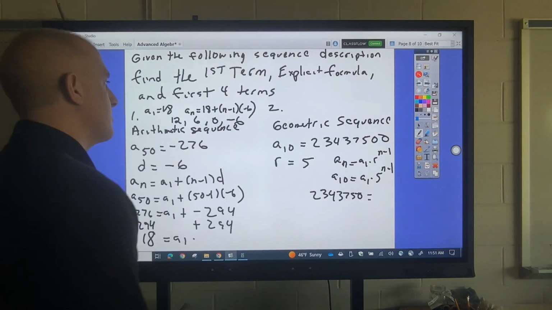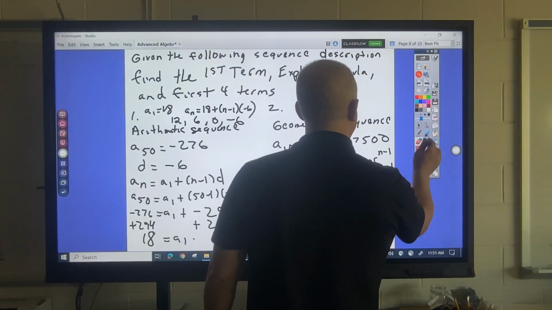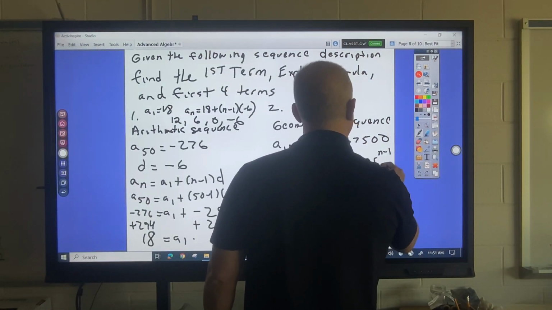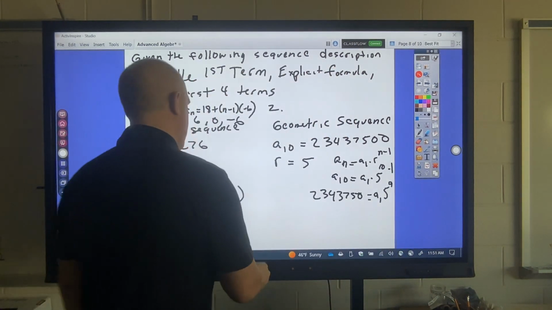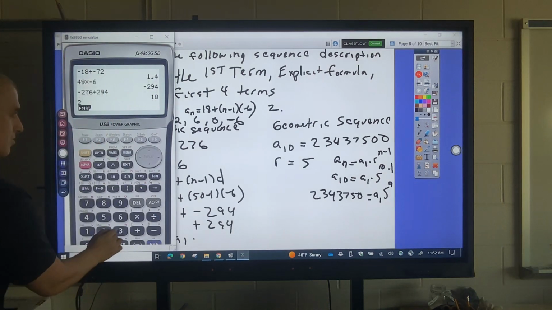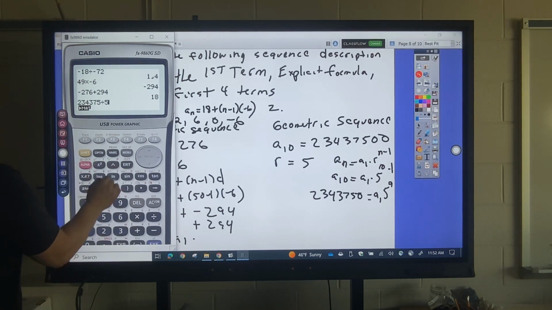Whoops, I need to put the 10 in there. So 10 minus 1 would be 9, a1 times 5 to the 9th. Okay? So then I do 2,343,750 divided by 5 to the 9th power.